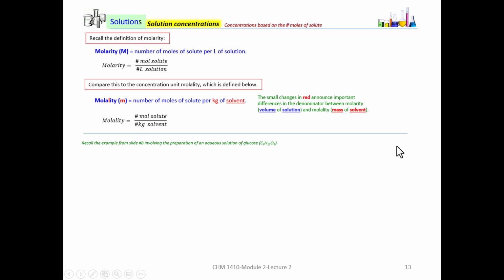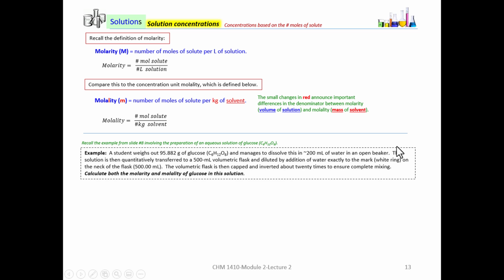Recall from a previous slide, we looked at an example of the preparation of an aqueous solution of glucose. In fact, we talked about how 95.882 grams of glucose was dissolved in about 200 milliliters of water. This was quantitatively transferred to a 500 milliliter volumetric flask and then diluted to the mark exactly on the flask.